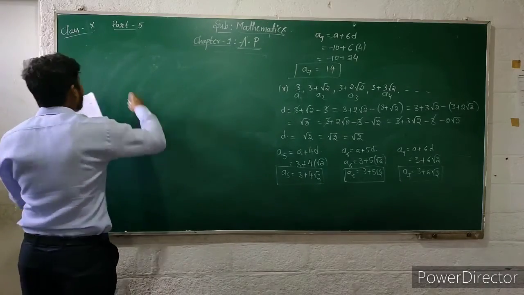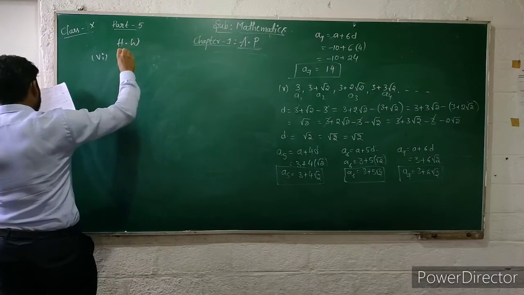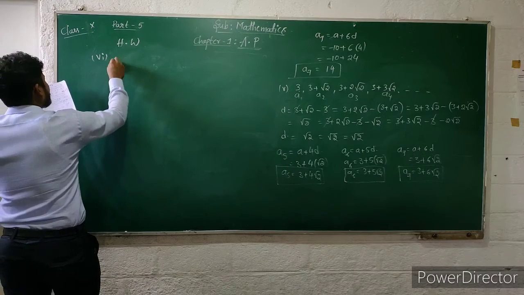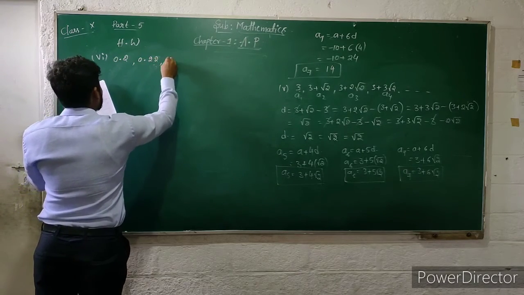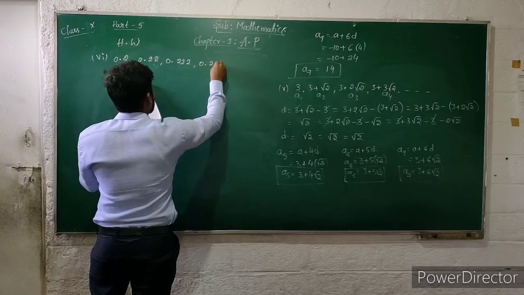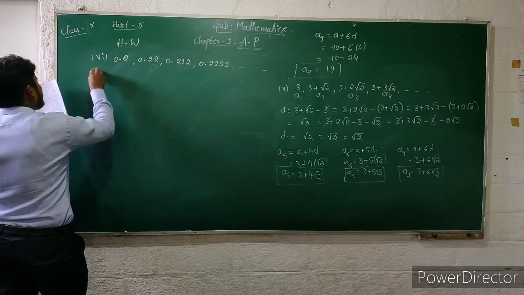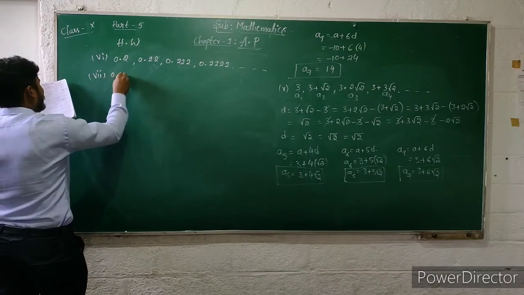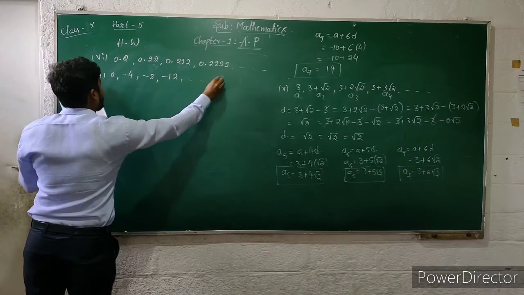Those questions are your sixth one: 0.2, 0.22, 0.222, 0.222 and so on. Then the seventh one: 0, -4, -8, -12 and so on.